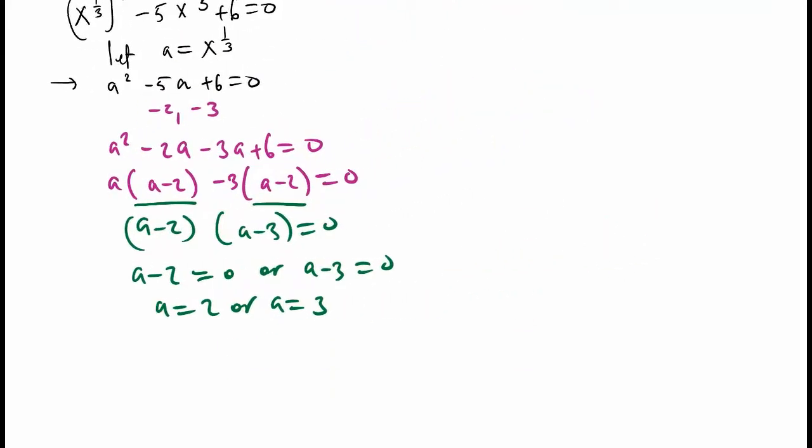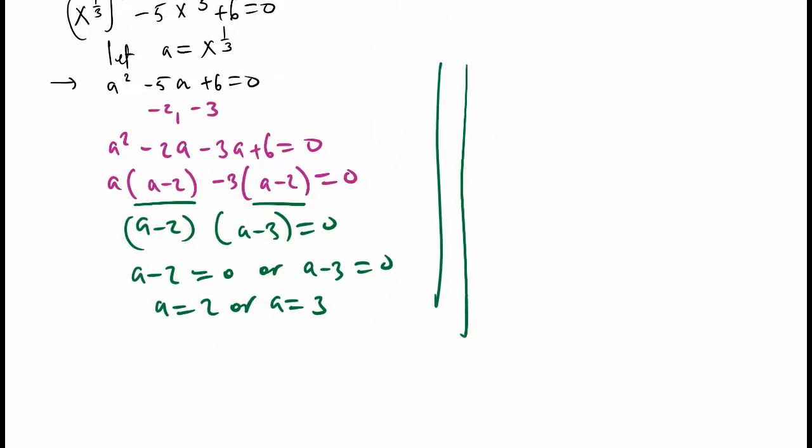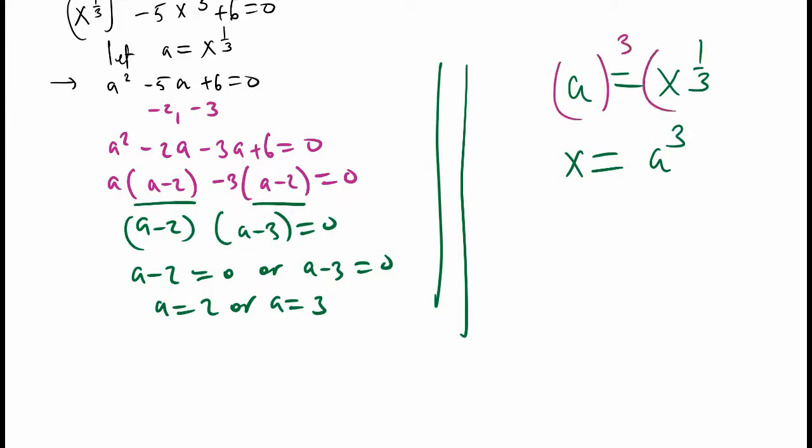We remember that from the beginning we said a equals x^(1/3), and we are looking for x, so we can take the third power on both sides. We introduce cube on both sides, so x will be equal to a^3.